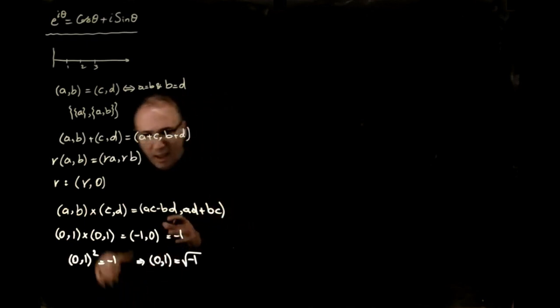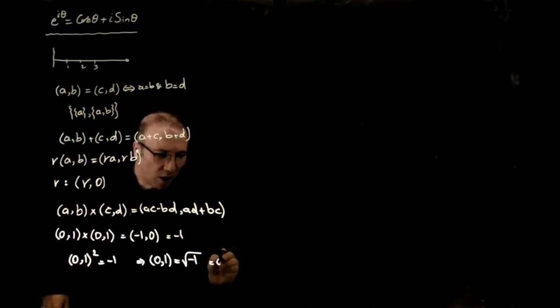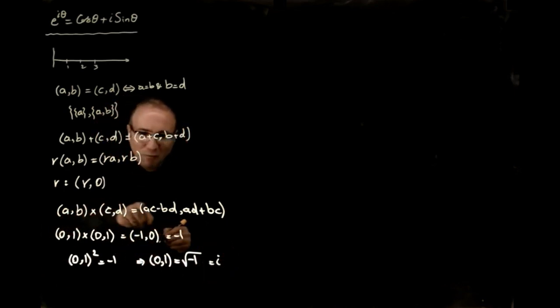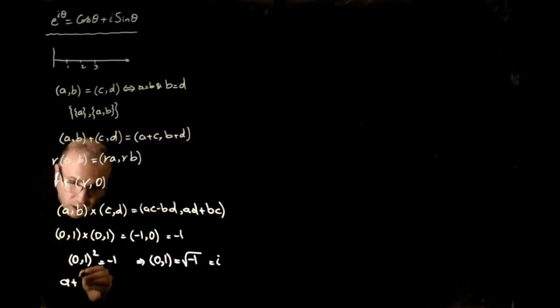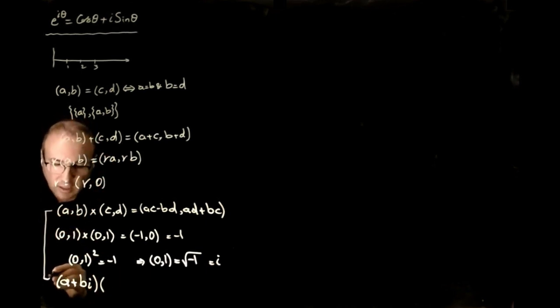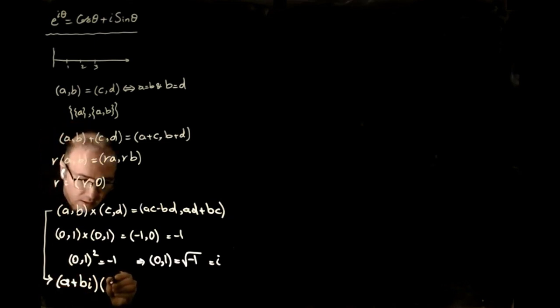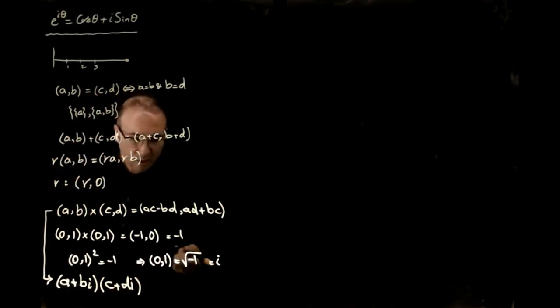Now, after a while, we will see that, rather than defining this all the time, I can use this property, and if I call this i, I can simplify the multiplication as a plus bi and c plus di, with the condition that i times i becomes negative 1.